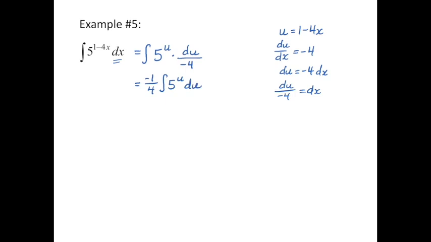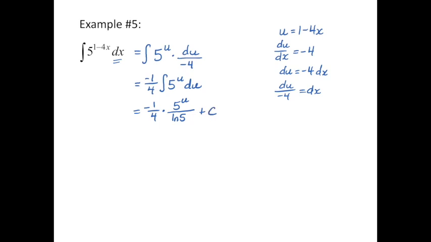So at this point we can take the integral. This is just an integral of the form b to the u, where b is equal to 5. So the negative 1/4, that's a constant multiplier. It will keep on multiplying. It's going to multiply the integral of 5 to the u, which is 5 to the u, divided by the ln of 5, plus our integration constant c.